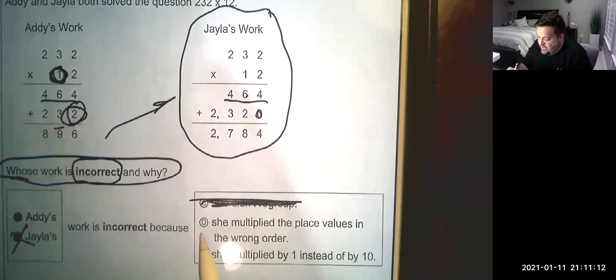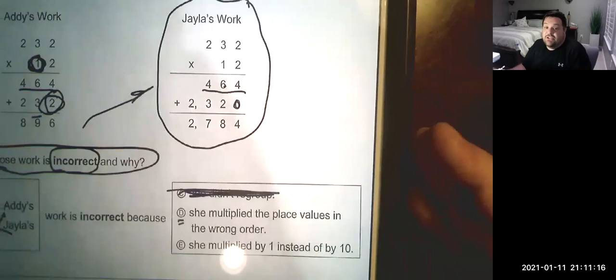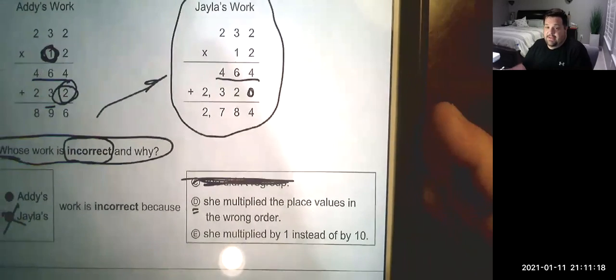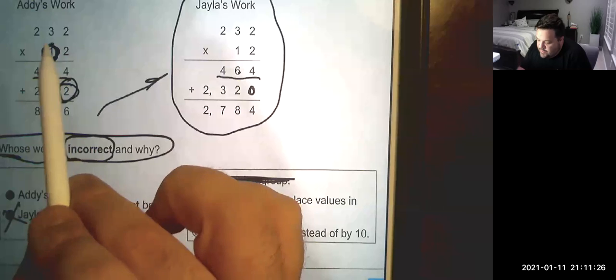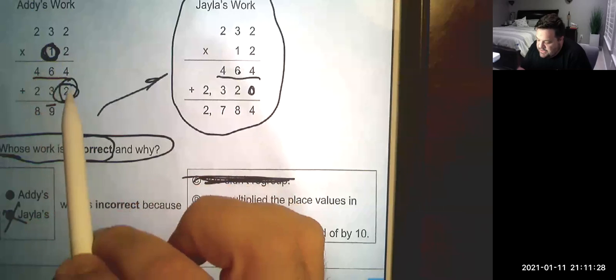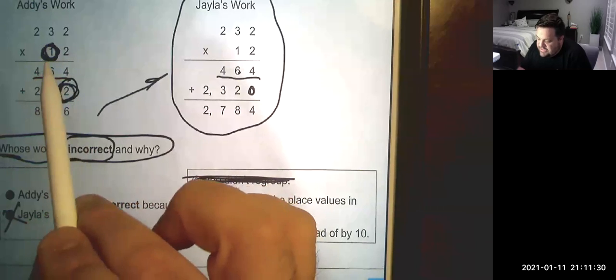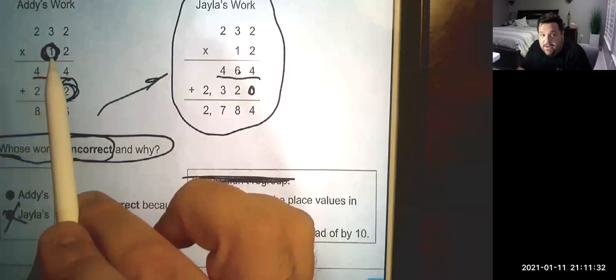So this is tricky because D sounds like it would be the right answer. I actually thought it was the right answer for a second. But E is a much better, makes more sense answer, right? She multiplied by 1 instead of by 10. This number right here, when she puts this 2 right here, she's saying this is equal to 1, right?